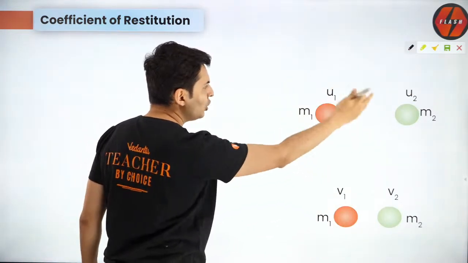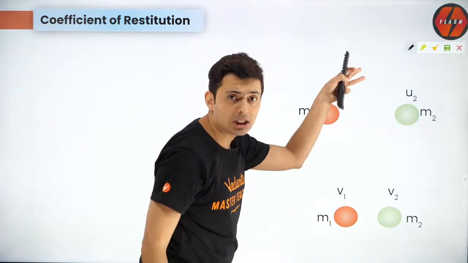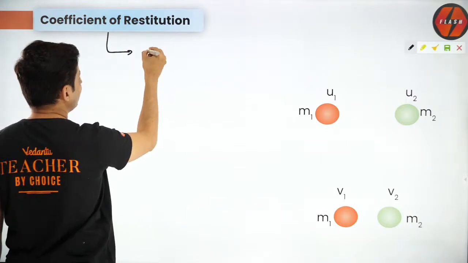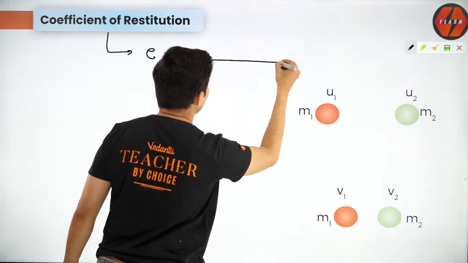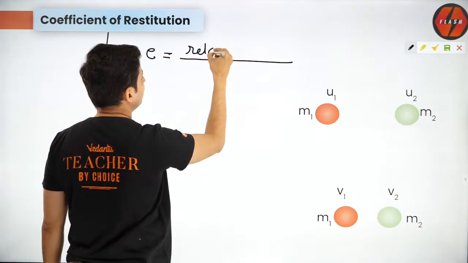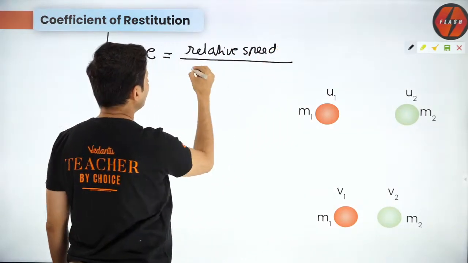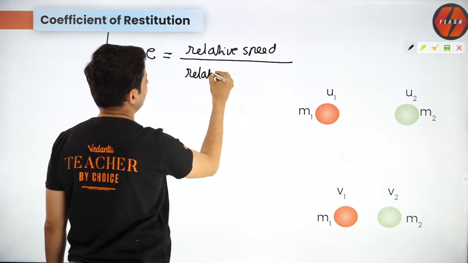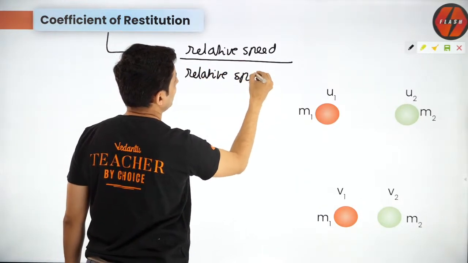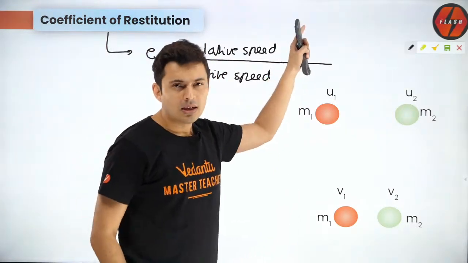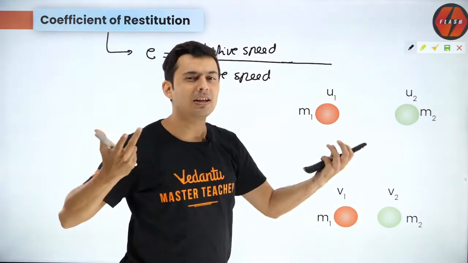So imagine u1, u2, v1, v2 are initial and final speeds. Coefficient of restitution is E, which is relative speed, again relative speed. But what is there on the top? What is there below? Here is the answer. Always after the collision, some energy is lost.